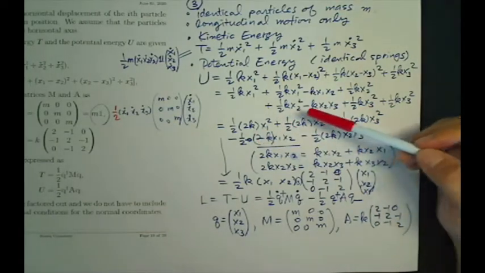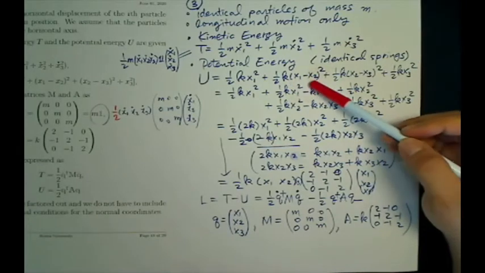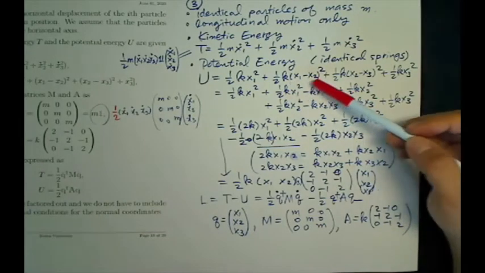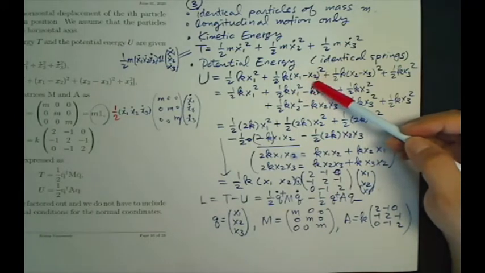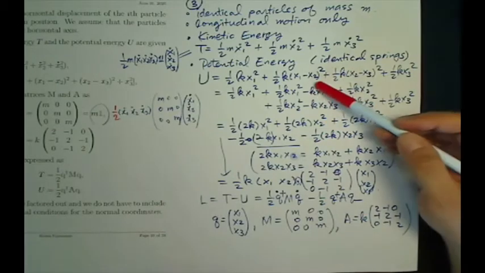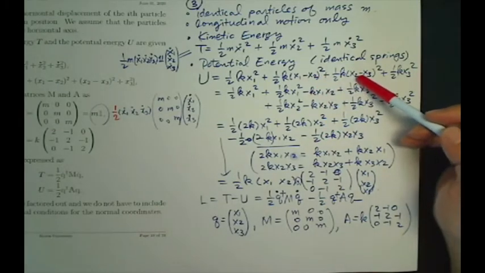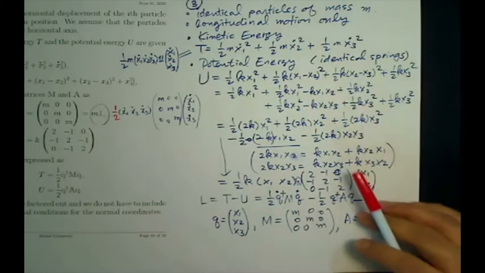In addition, there are cross terms. These appear only for the nearest neighbors. That means the difference of 1 and 2 squared generates a minus k x1 x2, and 2 and 3 generates minus k x2 x3.